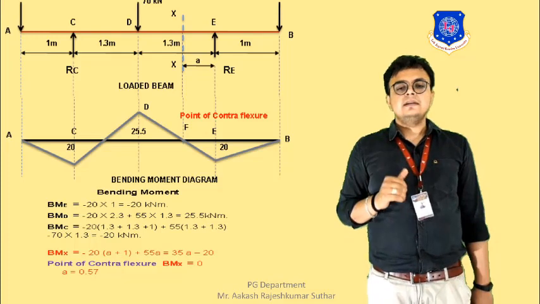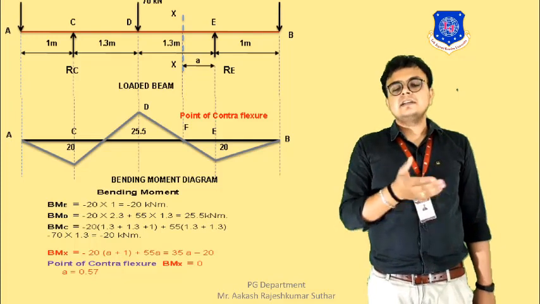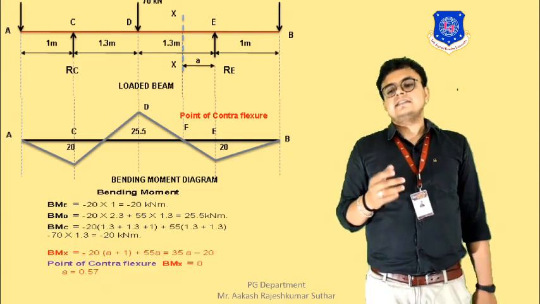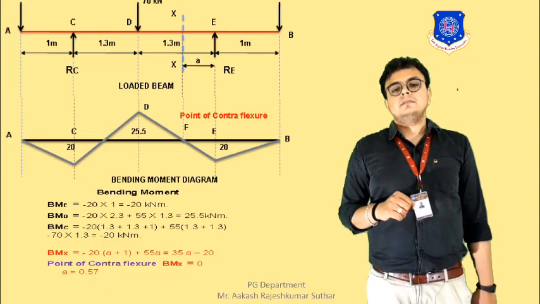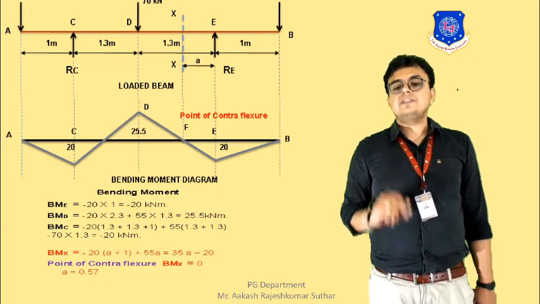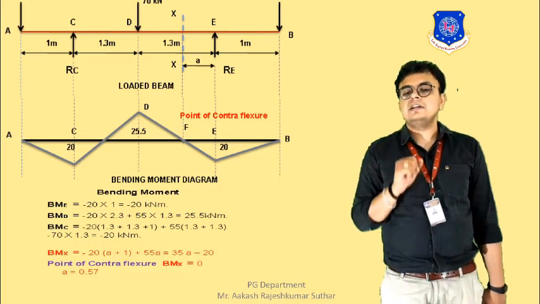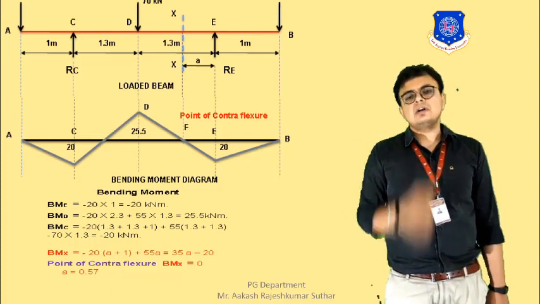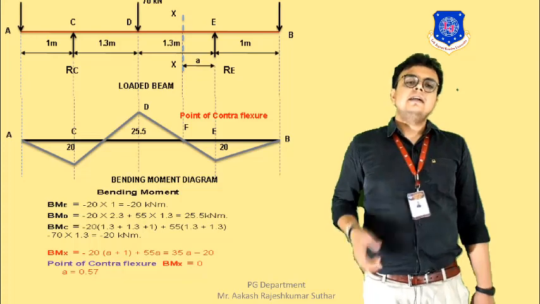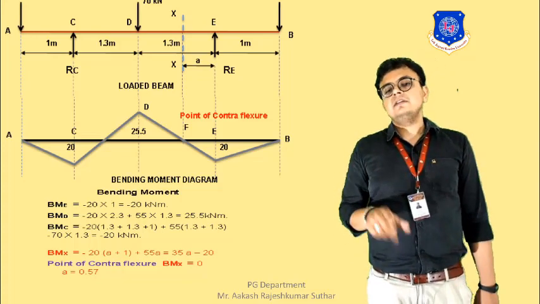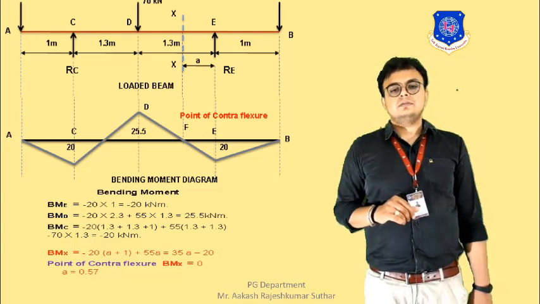So, minus 20 into a plus 1 plus 55 into a, because it is creating anti-clockwise from the right hand side. So in this way we will be getting 35a minus 20, and at the point of contraflexion the moment will be 0. So we just have to equate 35a minus 20 equal to 0. By solving that, we will be getting the value of a equal to 0.57. So we can say that at a distance 0.57 from E, we are getting the point of contraflexion.